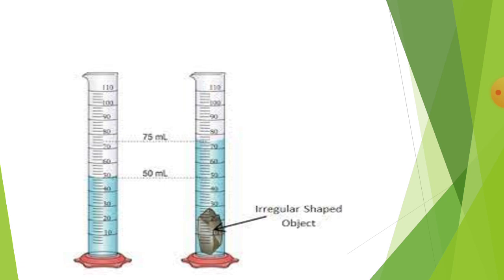And then we will take the new reading. As you can see, with the irregularly shaped object, the reading is now higher. So to get the volume of this pebble, we will subtract the first reading from the second reading. And then we will have the volume. So now we have the mass and the volume. To get the density, we will divide mass over volume.